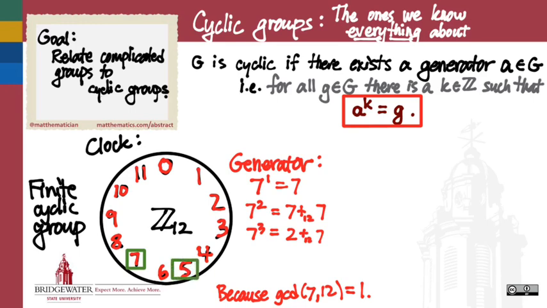For the same reason as 7. In fact, 5 and 7 have a special relationship to one another. What is it? They're inverses. Yeah, they're inverses to one another in this group. And so if 7 is a generator, then of course 5 is also going to be a generator because, and this is a theorem you can take to the bank, if A is a generator for a cyclic group, then so is A inverse.